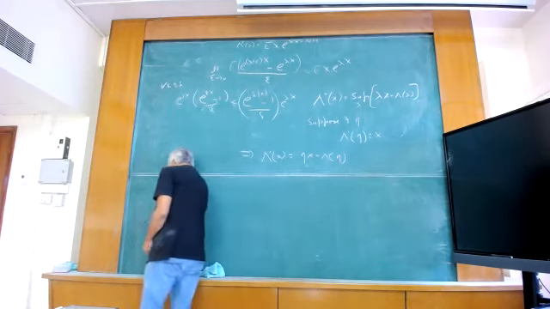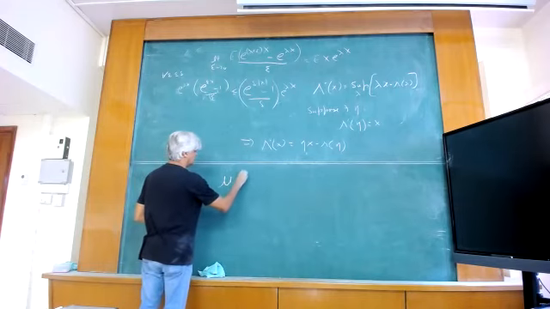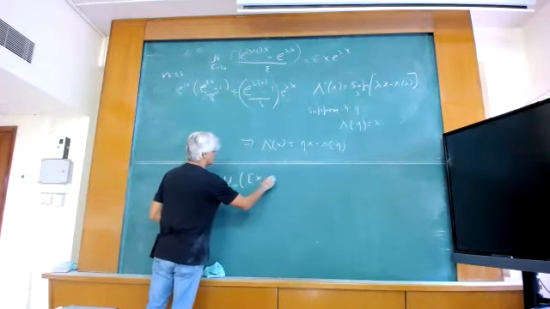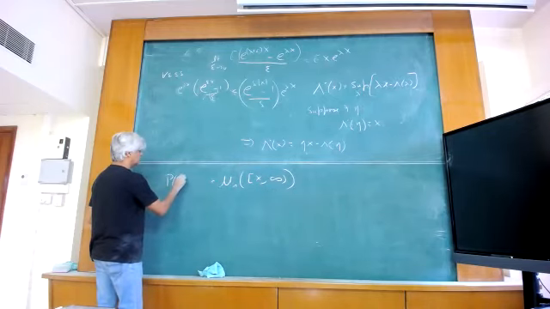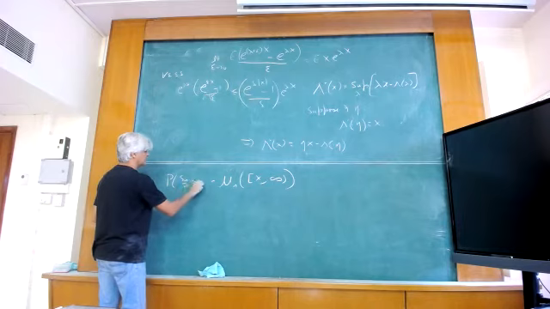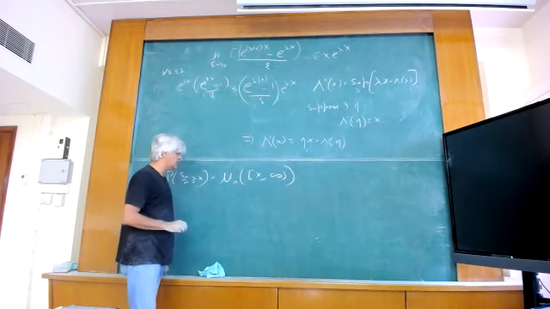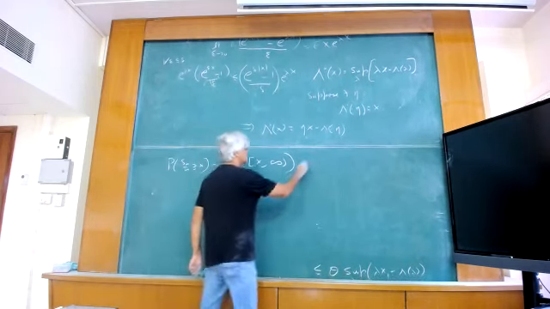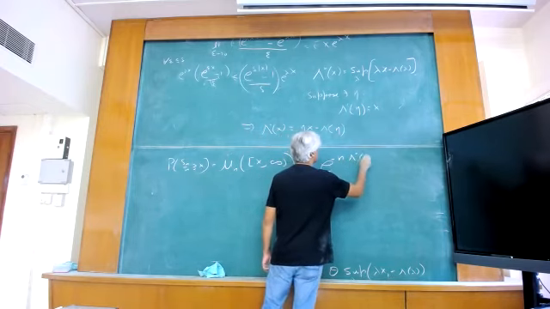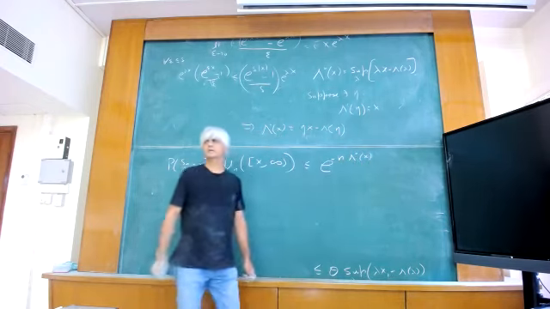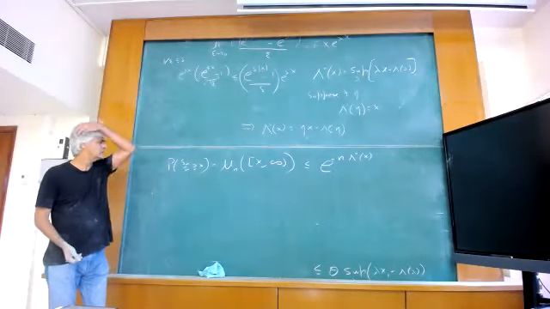The first thing I'll prove is that the limit as n goes to infinity of the probability that S_n/n is at least x is bounded by the rate function.